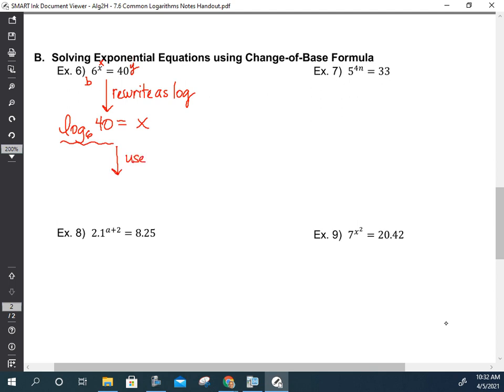So now we use change of base. Log of 40 over log of 6.